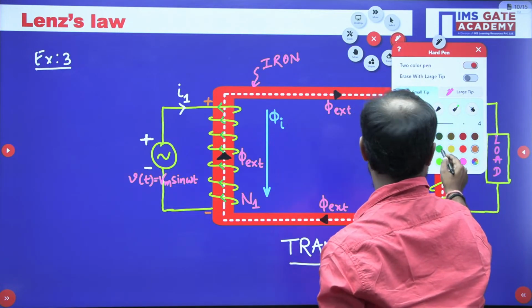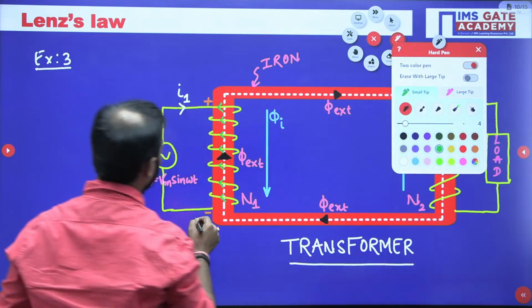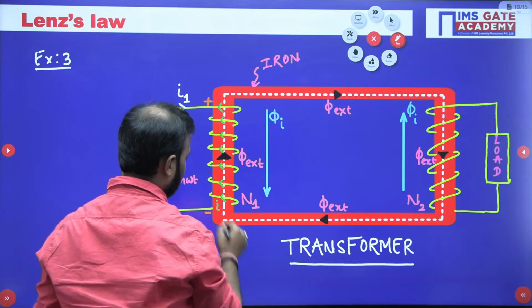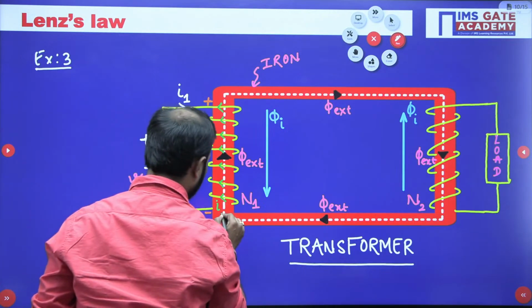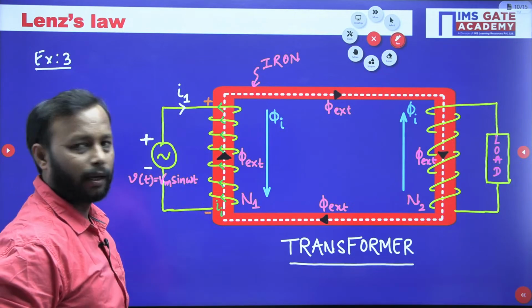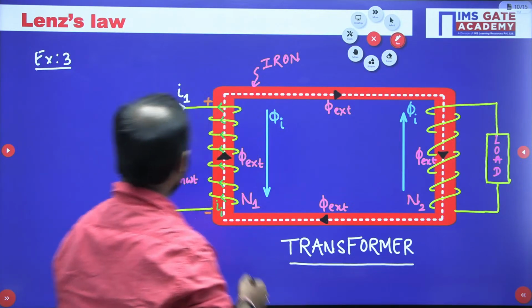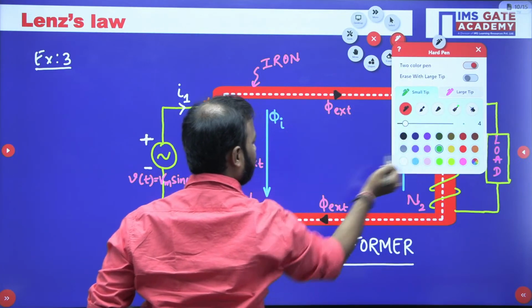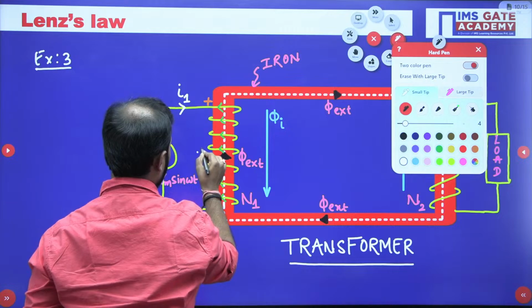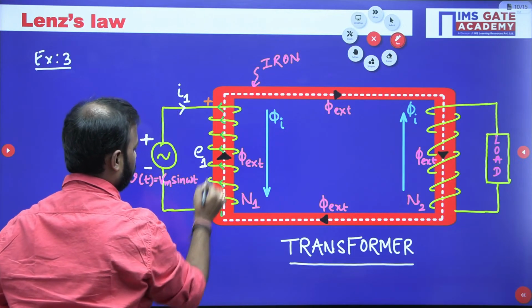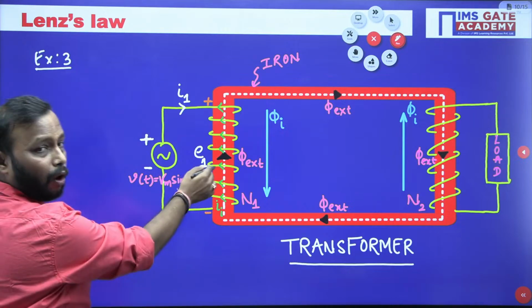Okay, so let me rub this. Okay, just a second. So this is the induced current, let me write II. So we have got the EMF E1. Let me write the EMF E1 here. And what is the value of E1?